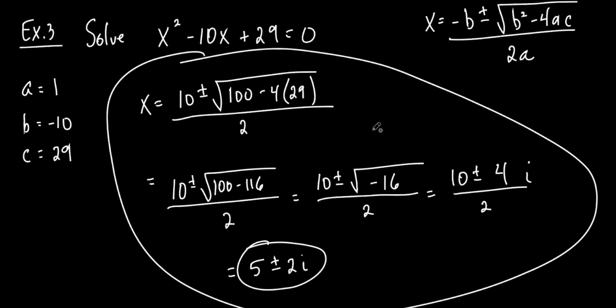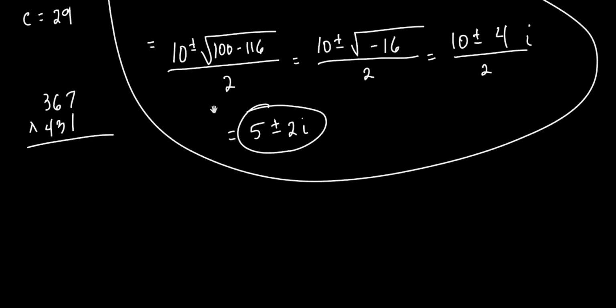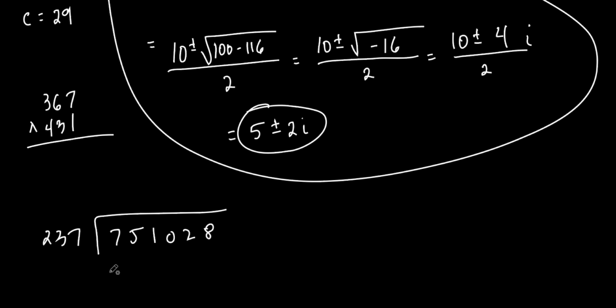And that's what kind of got me into liking math. It's not because I was really good at it, but it was so much better than like long multiplication and long division. Didn't you hate that stuff? Okay, like, I don't know, 367 times 431. But I hated doing that. I hated it. I don't know why. It was just irritating to me. Or something like this. 237 times 751028. Okay, yeah, division problem. Did you like that? No way you can tell me you love doing these problems. Are you serious? I hated this stuff.